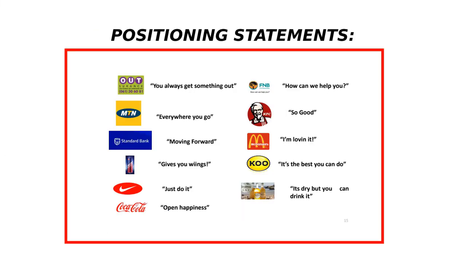And if we look at some, we're not going to go through them, but just to show you some positioning statements in South Africa, it's giving us a very clear understanding of how we want to be seen in the market. So to give you an example, something like OUTsurance, you always get something out.